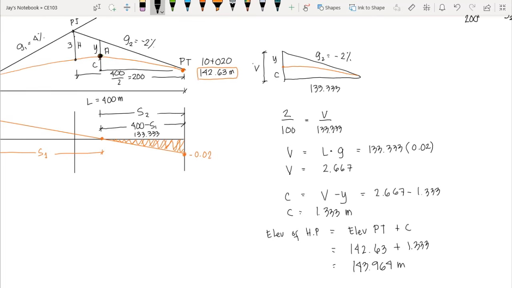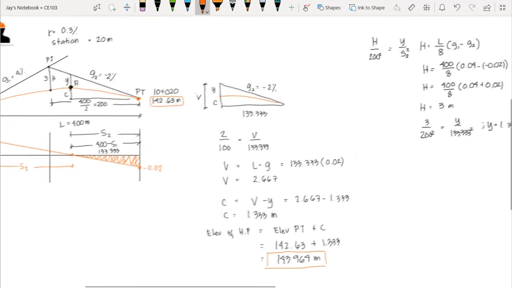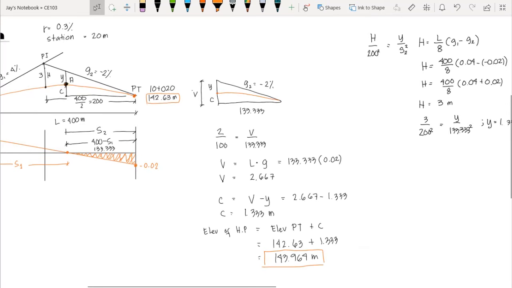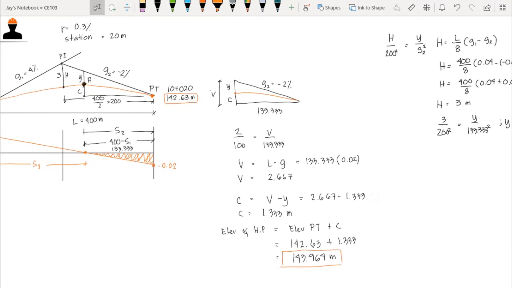So we have the same answer using the grade diagram, but this is quite too long compared to grade diagram, which has expedited the procedure. Okay, so it's up to you on which procedure you will be using. You can use either the grade diagram, or you can use the parabolic properties or the formula. Okay, and that ends our example number 1.